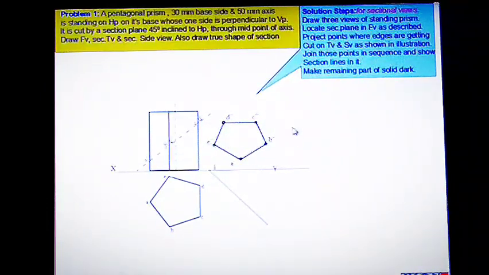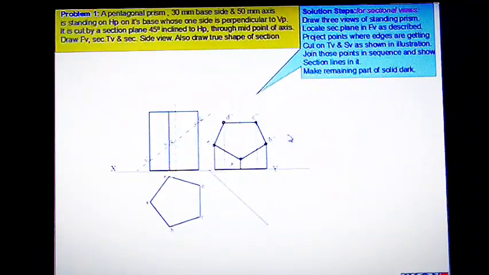Now we can finish the remaining sides using thick lines like this. Only the bottom portion remains there and the top portion is assumed to be removed. Now the hidden edges can be represented by dotted lines.